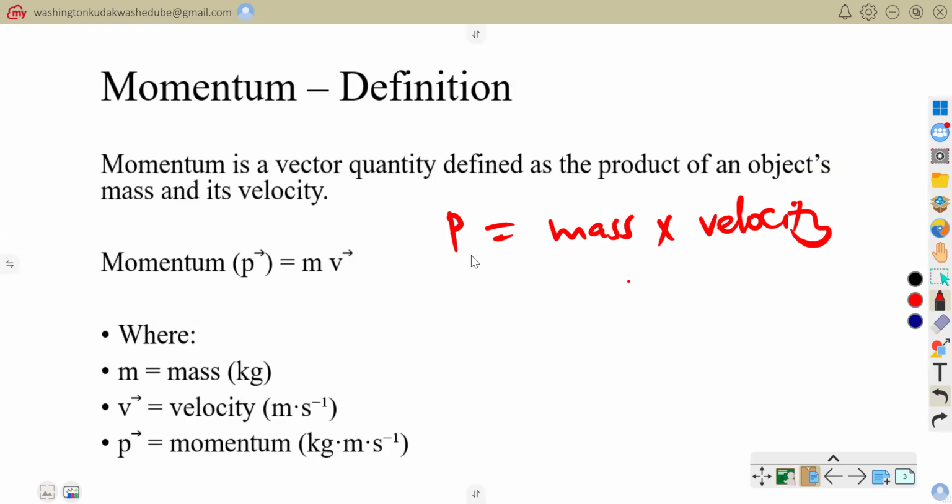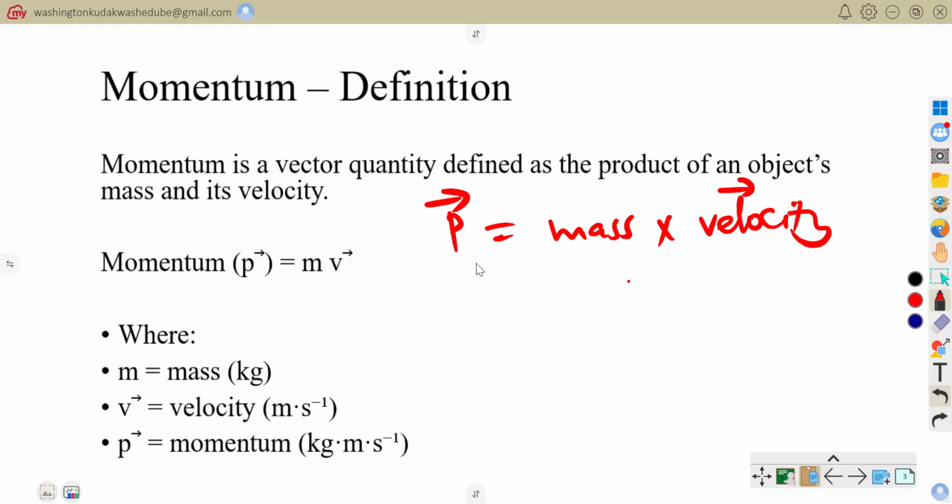Since we all know that velocity is a vector quantity that has both magnitude and direction, momentum is also a vector quantity. It has both magnitude and direction.